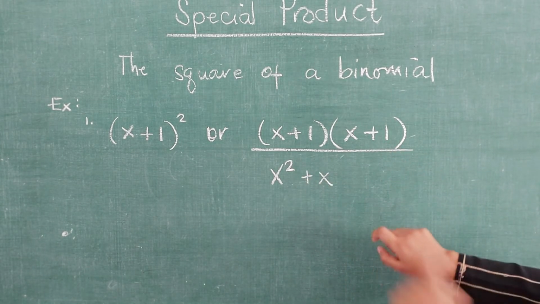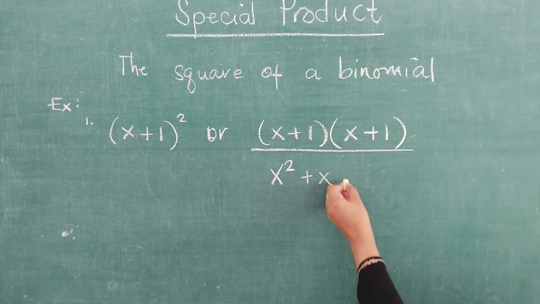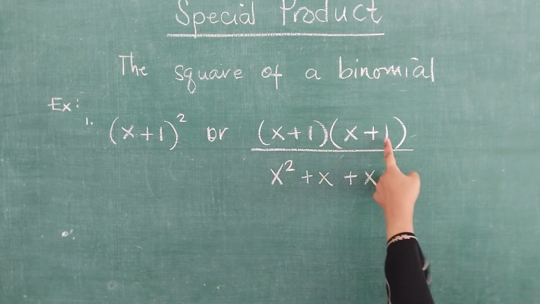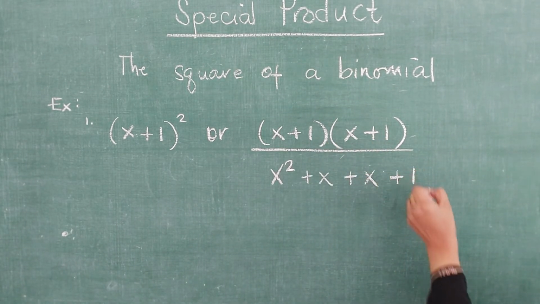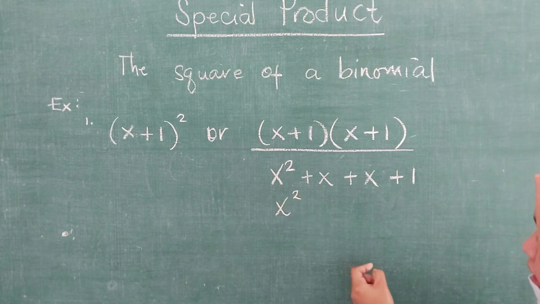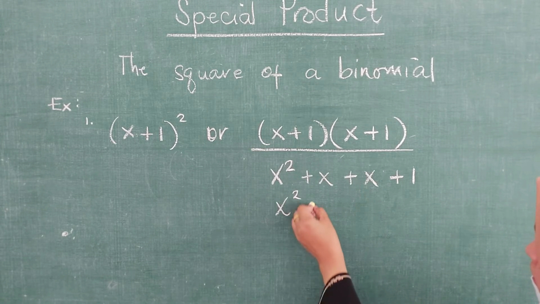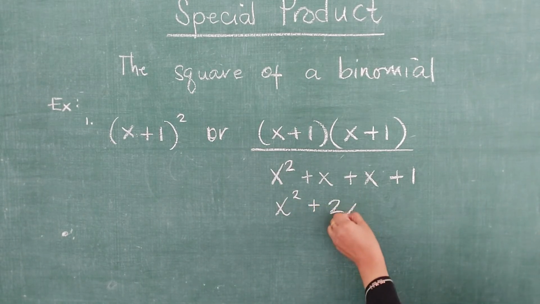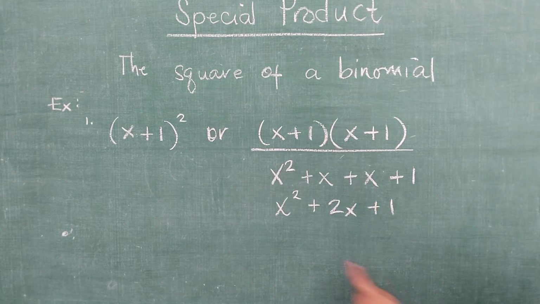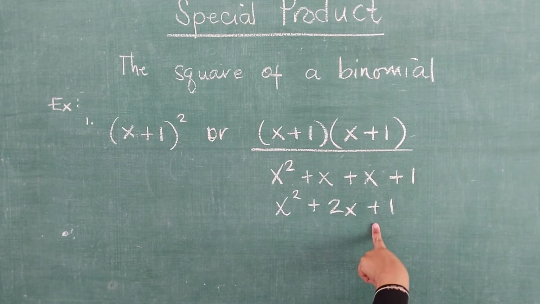Next, for the inner term, 1 times x, x. For the last term, 1 times 1 is equals to 1. So, bring down natin yung x squared. Yung like term, x plus x, magiging 2x. Bring down 1. So, the answer is x squared plus 2x plus 1.